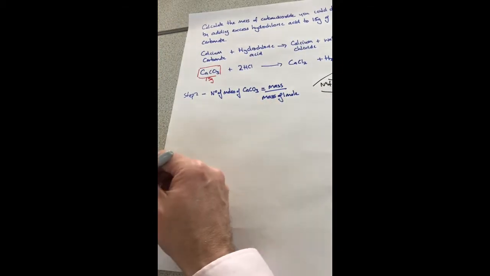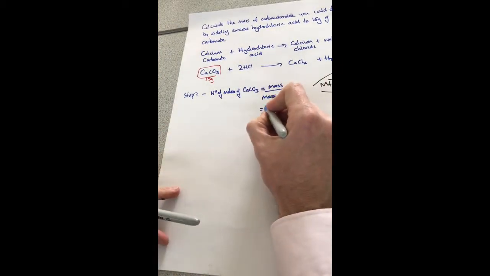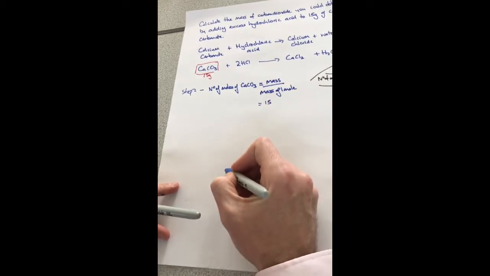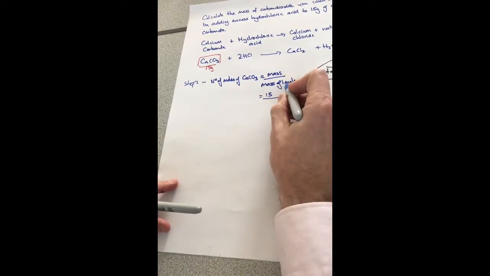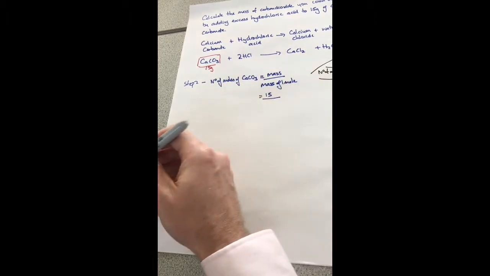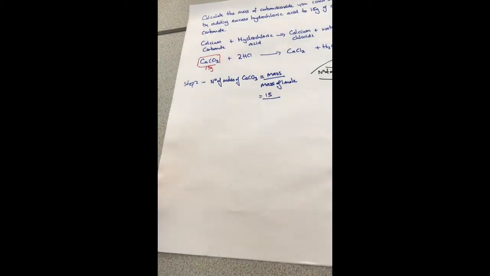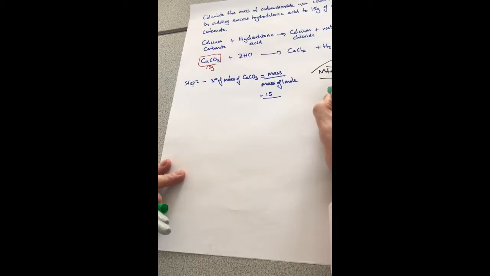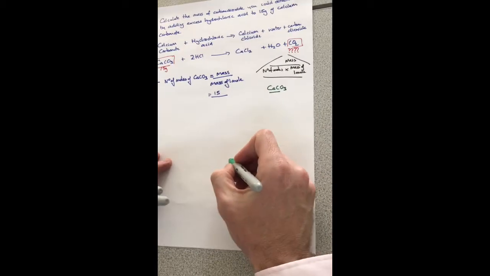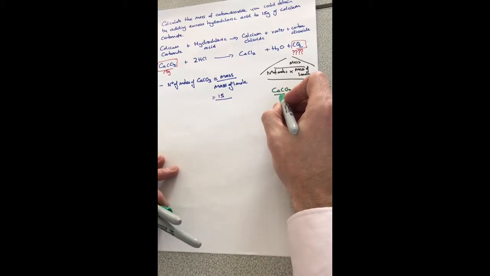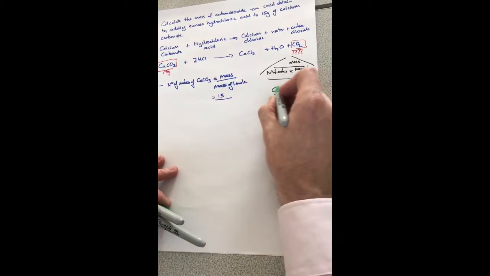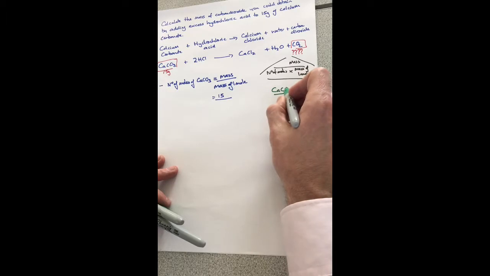So now let's put some numbers in. I know the mass from the question is 15 grams. I've got to calculate the mass of 1 mole. So my chemical is calcium carbonate. I'm going to flip to a green pen over. This is going to be my working out over here. So I've got calcium carbonate. And what I now need to do with this calcium carbonate is work out the mass of 1 mole, which is the relative formula mass.